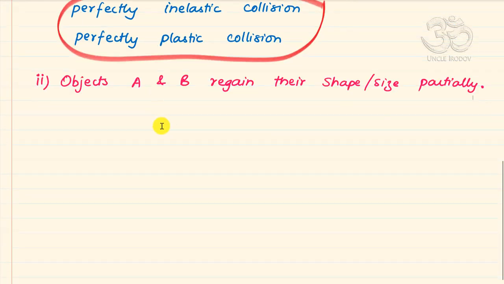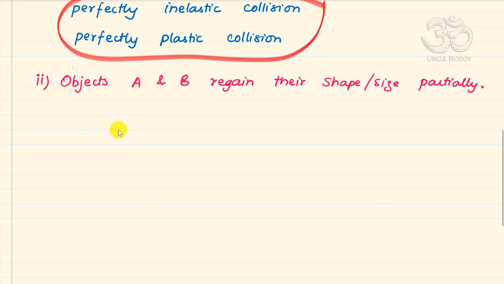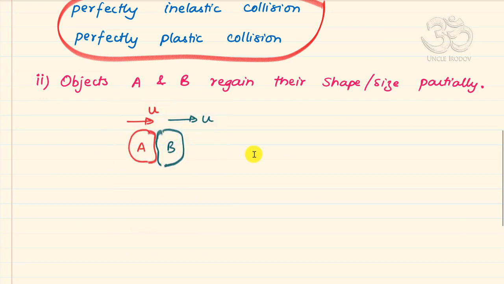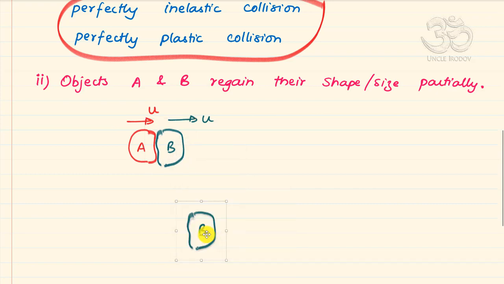So what happens is, beyond this state also, let me copy this, and beyond this state also, A is going to push B to the right. And if I draw one FBD of B, probably that FBD will look like this.